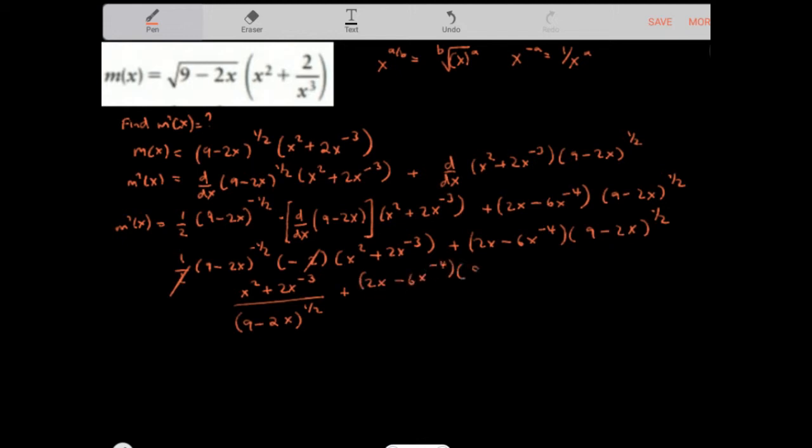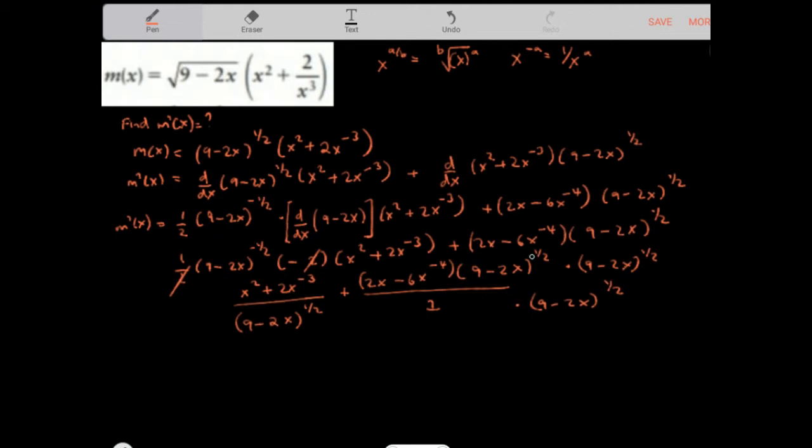Our whole point here is to simplify this as much as possible. We can understand that this is to the power of 1, and in order for us to combine these functions, you need to make sure the denominators are the same. So you could multiply this by 9 minus 2x to the power 1/2, and do the same thing for the denominator here.